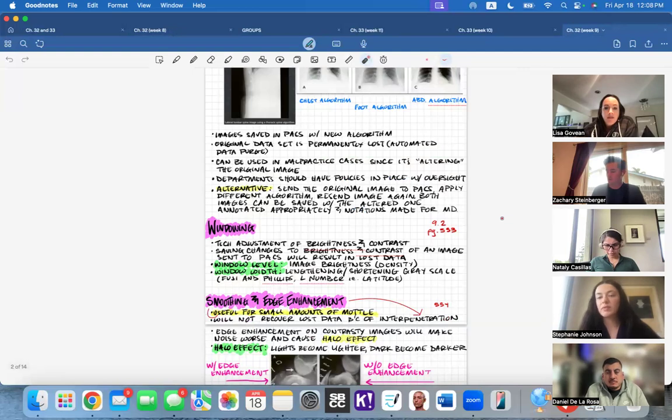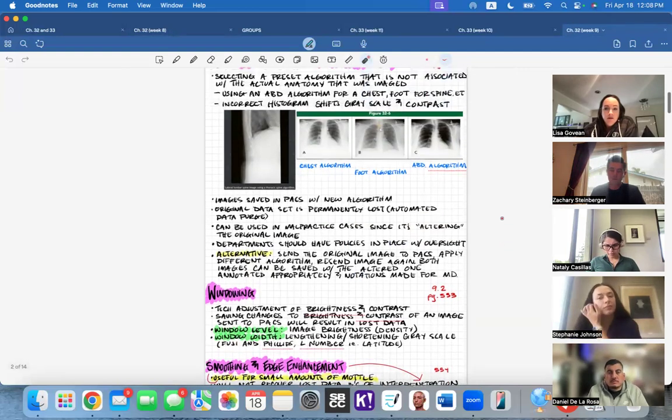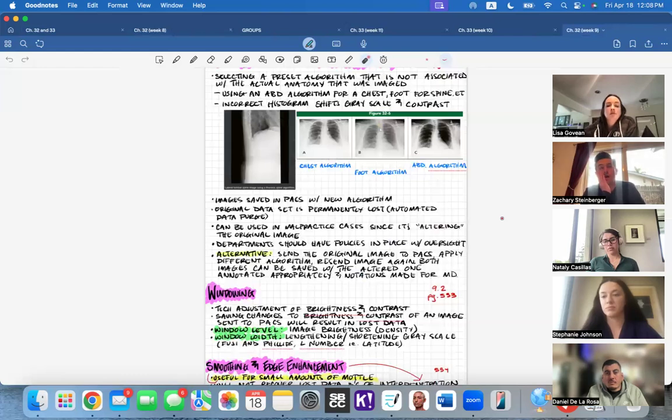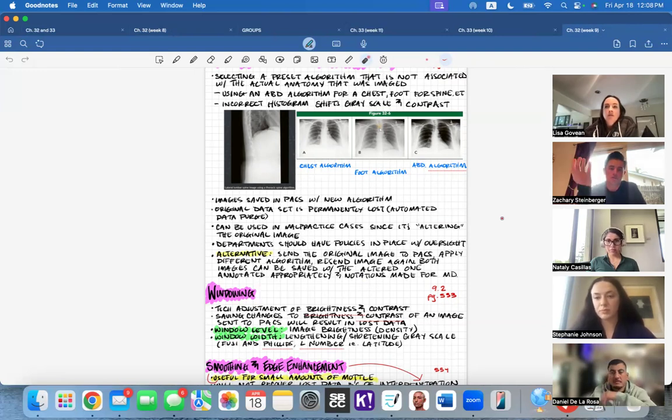I was just gonna say that I've seen it a lot at my site. To be quite honest, some x-rays that I've taken have been either really hot or underexposed, and they'll start clicking through algorithms. And it never seems to actually work either, because if it's too hot, then you're oversaturating the plate, and it can't get a proper histogram out of it.